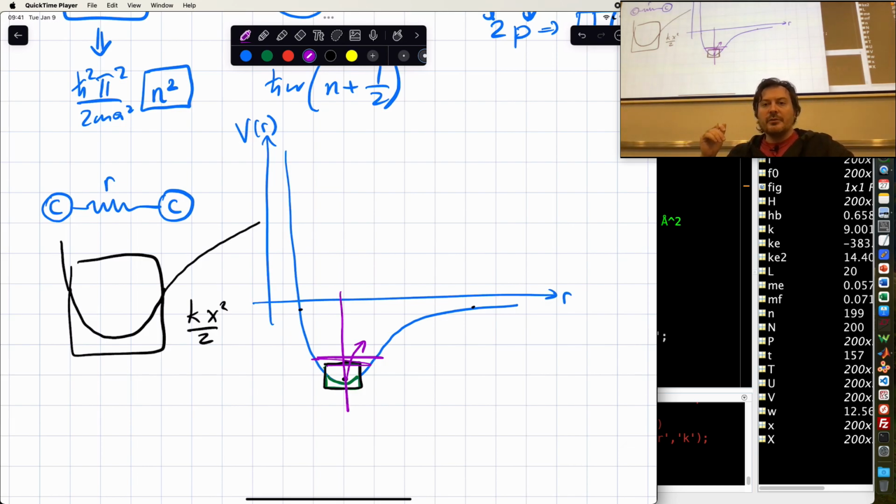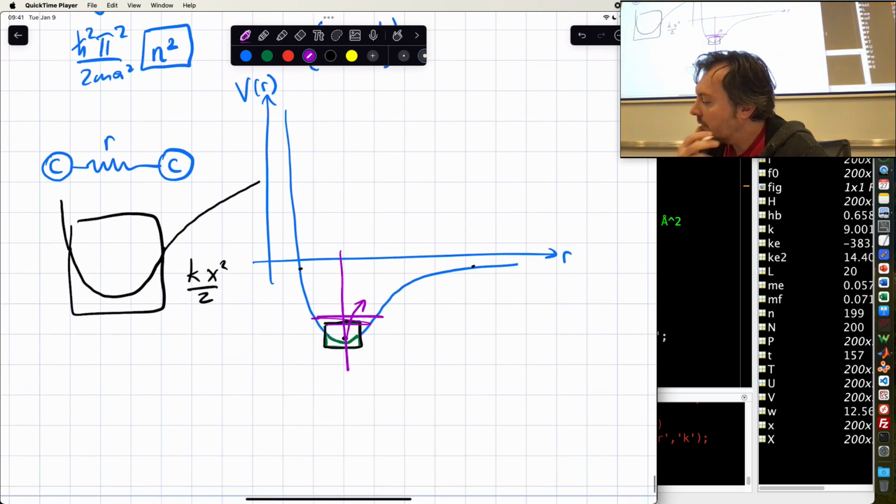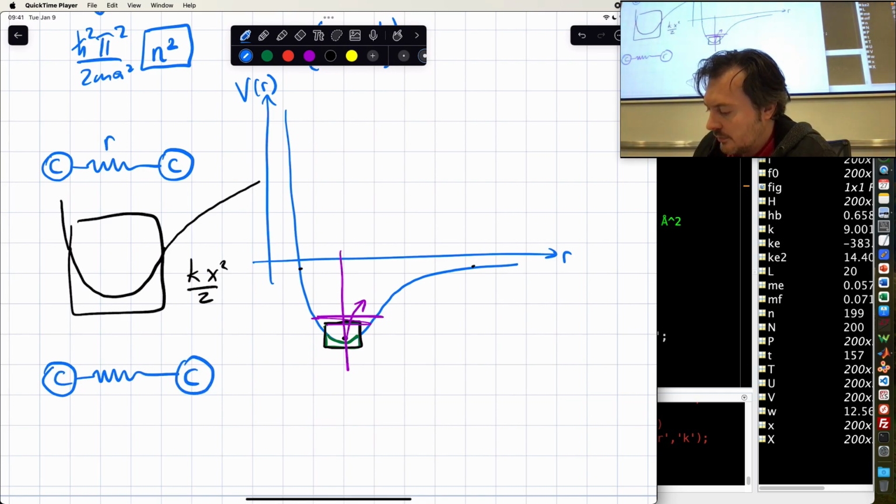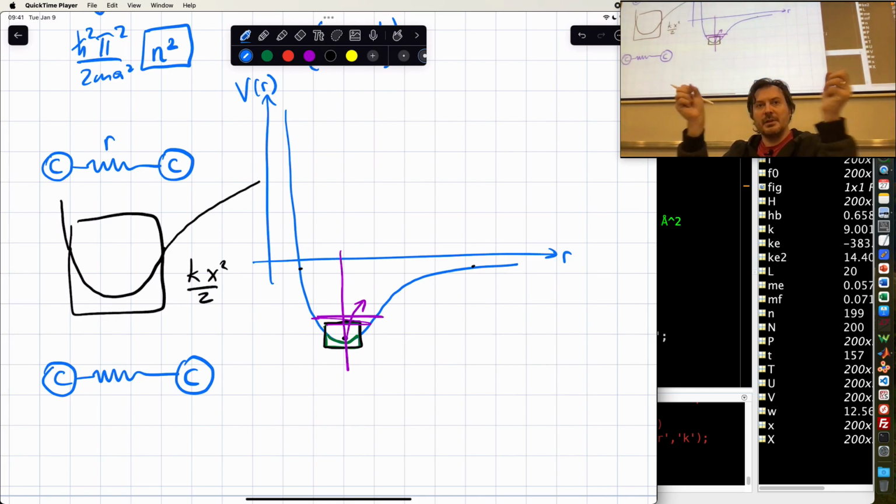By the way, harmonic oscillator has also solved one other 20th century crisis already, since we know it now. It solved the heat capacity problem, because we can think of those diatomic molecules as being balls just connected with springs and vibrating.